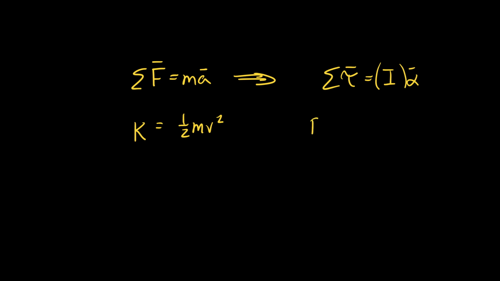Would it be too big a stretch to consider that there might be a rotational version of this? I mean, if you're trying to invent what you think that relationship would look like and using only this as your data point, what do you think? I think there'd probably be a 1/2. What else? Probably an I. What else? Instead of v, omega squared. Does that seem like a reasonable deduction? I don't know if it's true, but it's a reasonable deduction.